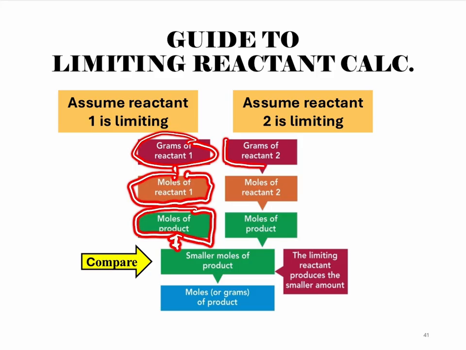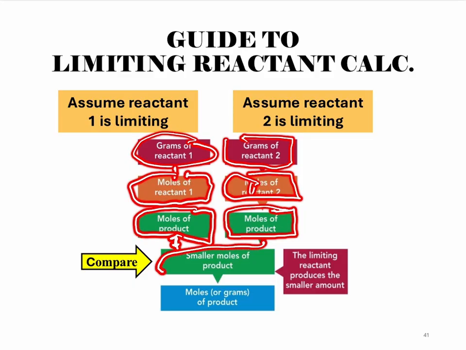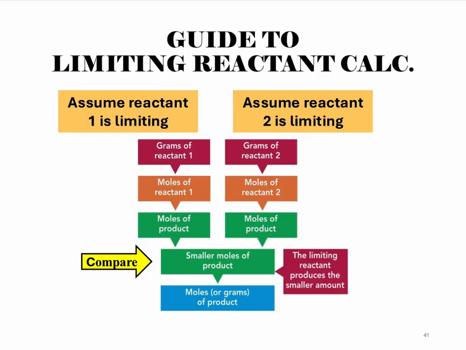Then you assume the other reactant is limiting, so convert the grams to the moles of reactant 2. And then you use that for the moles of the product. And then you compare these 2 values. Whichever one is less is what's the limiting reactant, right? Because one reactant can create more moles of product than the other one. So the one that can create less is ultimately going to determine how much you can actually make, right?